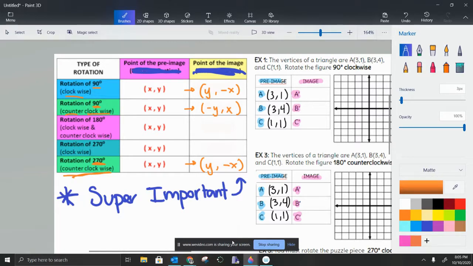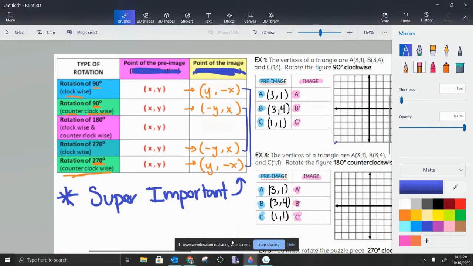We changed (x, y) to (y, -x). The same thing is true for 90 degrees counterclockwise and 270 clockwise. The rules are the same. So we change (x, y) to (-y, x). So in other words, these two rotations create the same image or the same new shape, and these two create the same new shape.